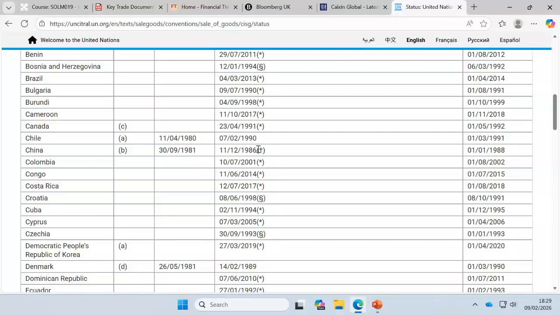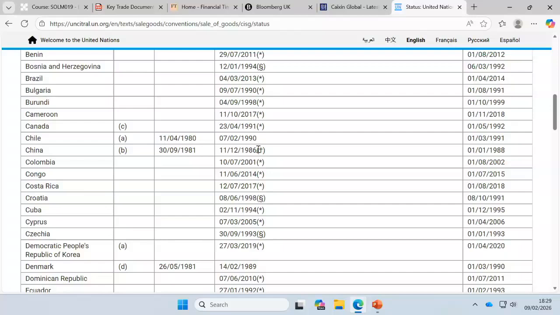But today, we think about China as the world's largest exporter of goods, and for a very large number of countries which have also signed the CISG, this is going to be the standard framework governing contracts between private businesses in those two countries.